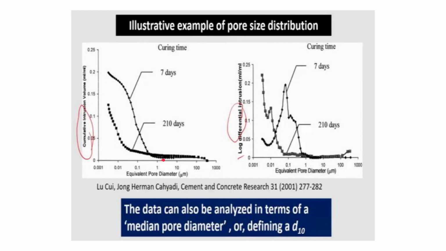Out of the total pore volume, only 10% is able to pass, so that is the size d10. Like this we can find out various new terms and show some representation, so we can find out details about the characteristics of the pores.